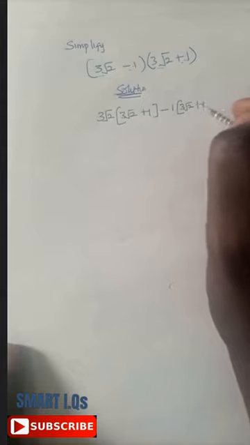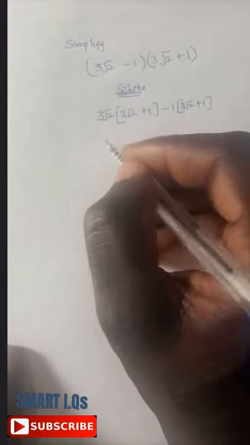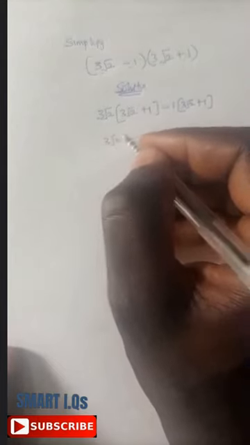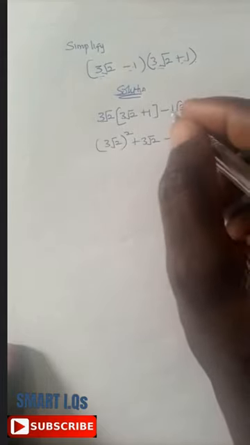Then minus 1 multiplied by 3 root 2 plus 1. If you do that, I'm going to have (3 root 2) squared, then plus 3 root 2, then minus 3 root 2, then minus 1 times 1, that means minus 1.